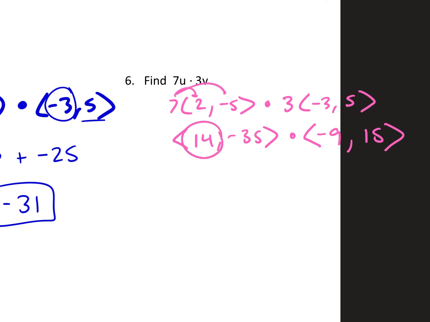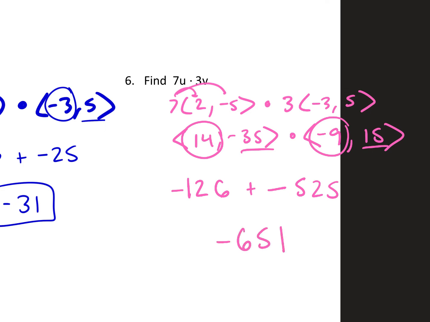So dot product, multiply the first times the first. So what's 14 times 9? 126 would be negative. And then add that to the second times the second. So it's -35 times 15. -525. And then we just add those two together. What do we get? -651.